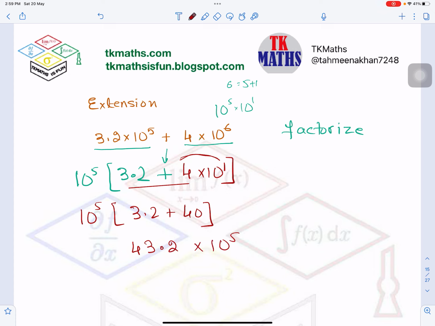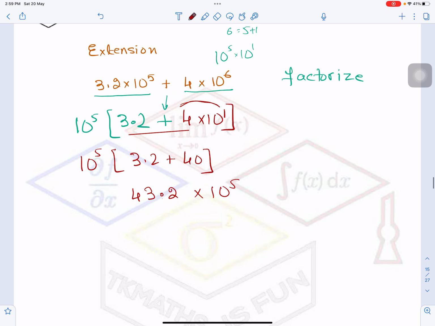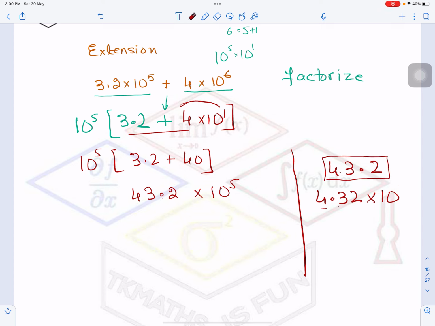But this is not the standard form. Before the decimal, I have 2 digits, whereas I should have only 1 digit. So now if you see your 43.2, how can you change it into a standard form? We have just seen in the above parts. This decimal should be here. So actually this number should be like this, right? But it will multiply by 10 power something. So what is that something? When it multiplies, you get this number back.